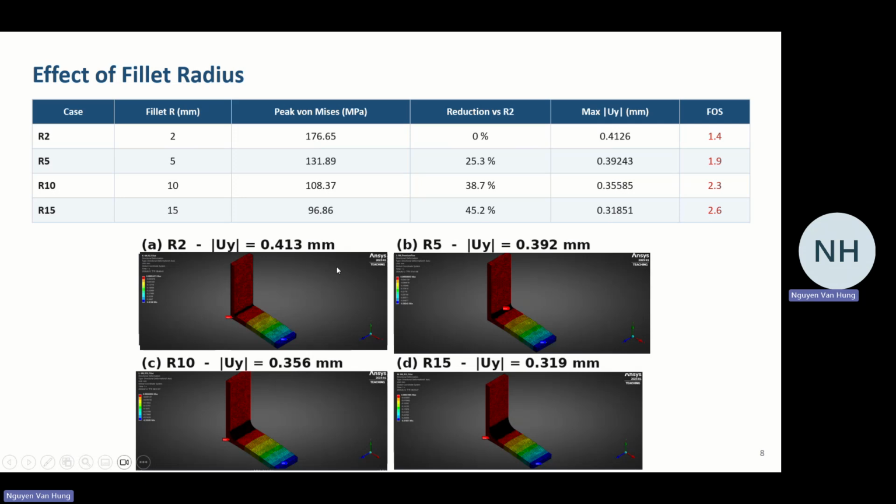The deformation plots below show the same thing visually. The bracket deflects less as the fillet gets larger.